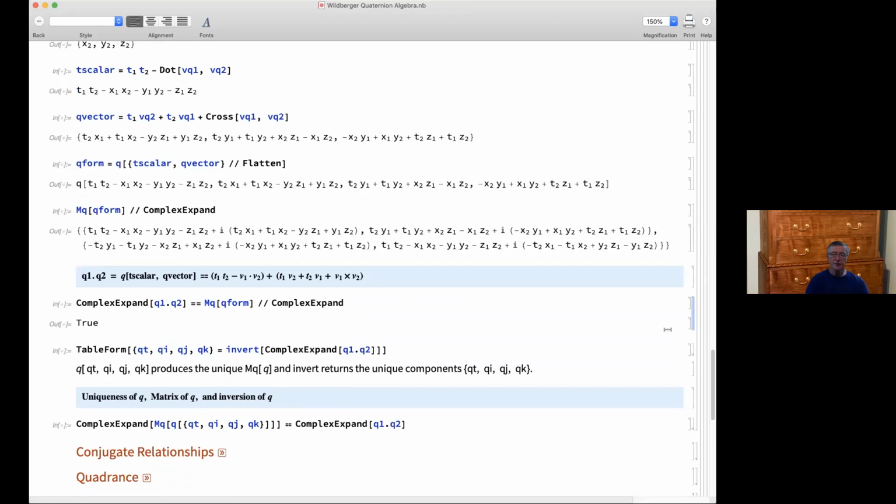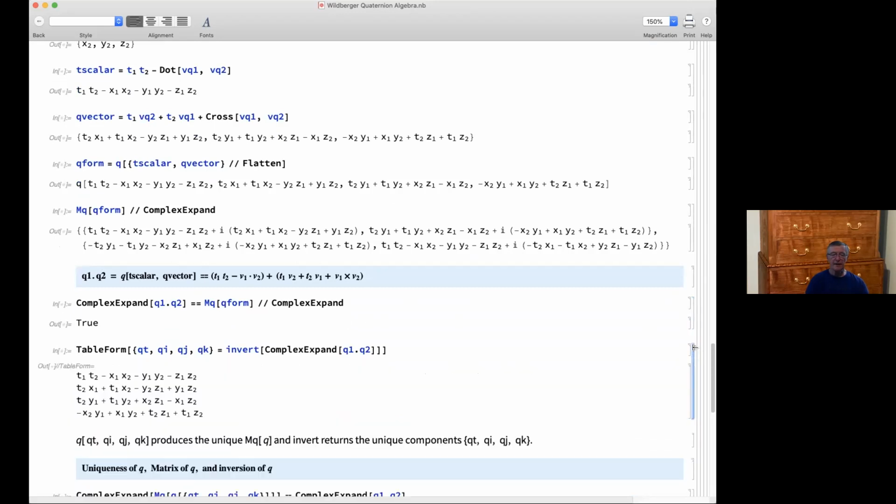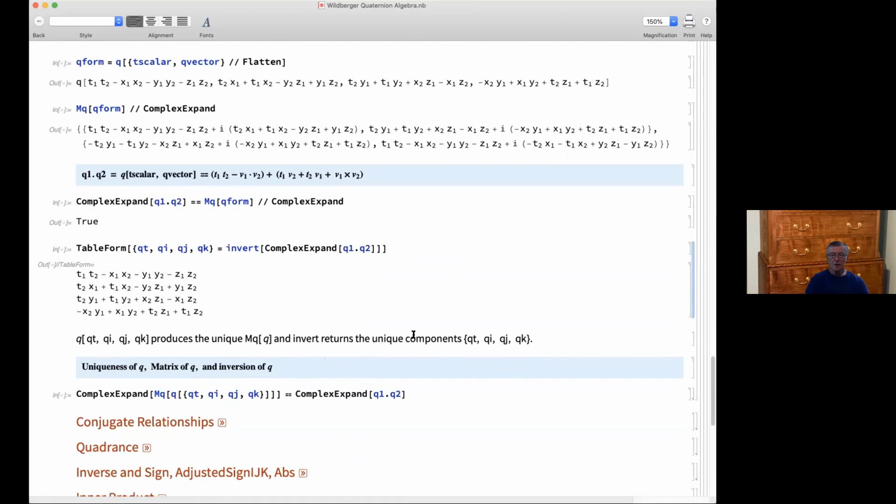I can also look at the table form of inverting that Q form, and I can see each of the individual elements lined up, so I don't have to try and pick them out of this big expansion. So I can also show the uniqueness of Q with any matrix of Q and through the inverse.